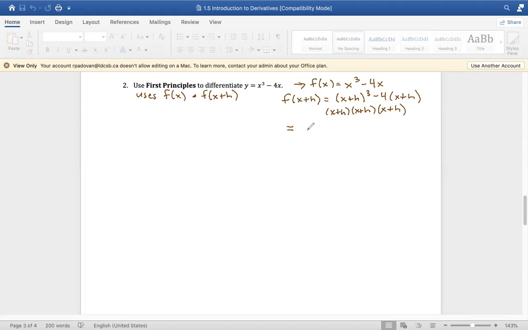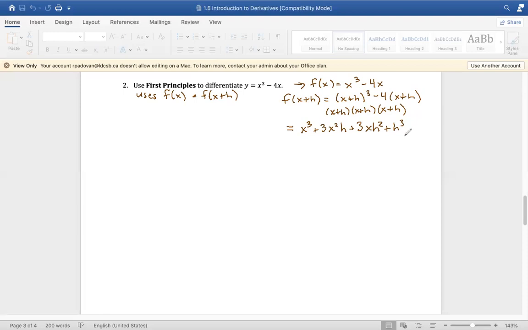So we will have an answer of x cubed plus 3x squared h plus 3x h squared plus h cubed. And just make sure that's done right. X cubed plus 3x squared h plus 3x h squared plus h cubed.